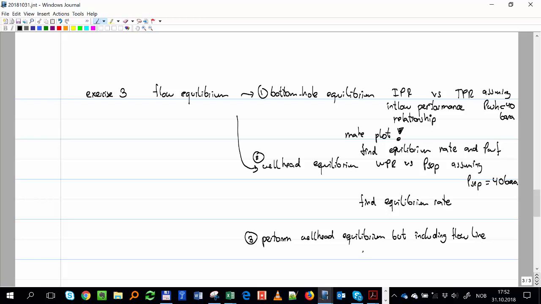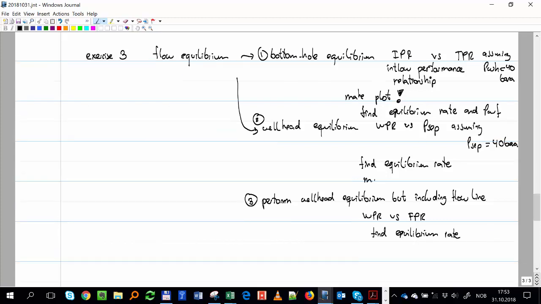So that will be the WPR versus the FPR, and find the equilibrium rate and also make the plot. Make the plot here and make the plot here. That's your mission. Well, you have to accept it, right? Here you cannot decide, you have to.